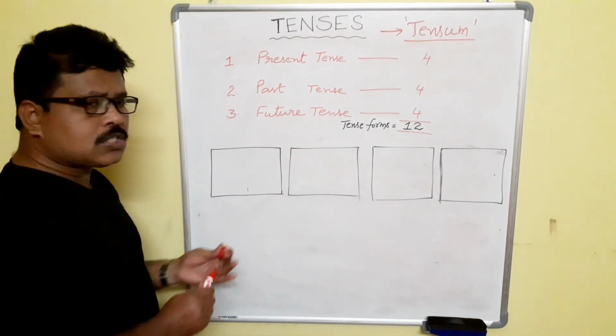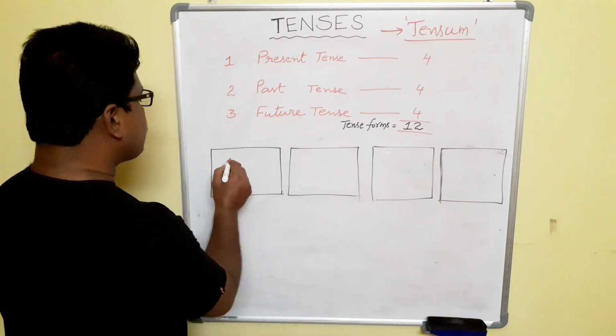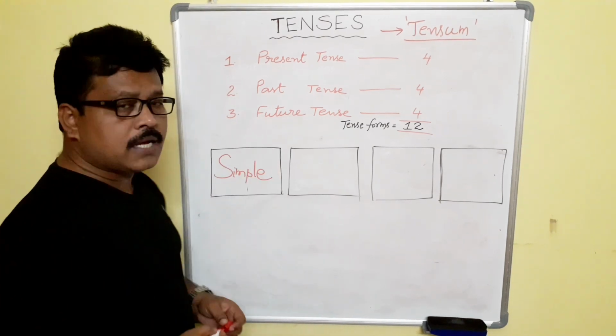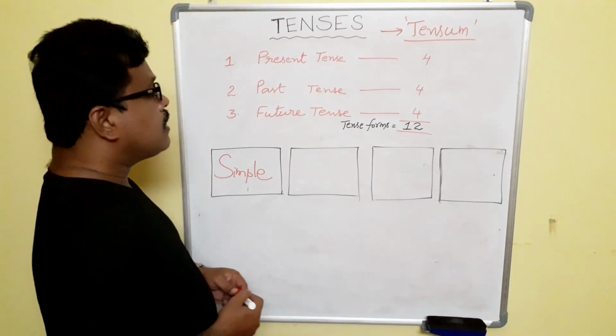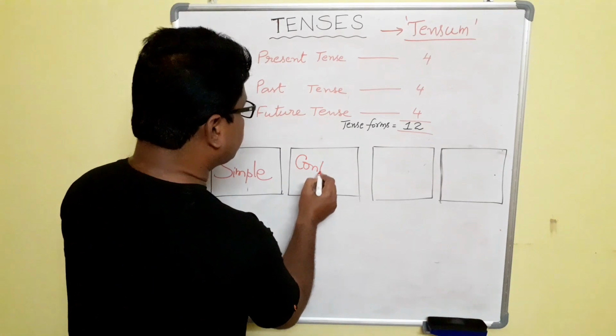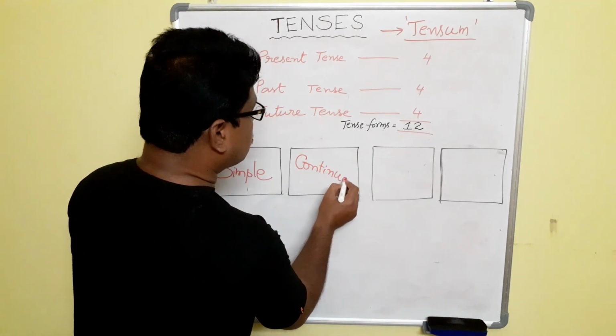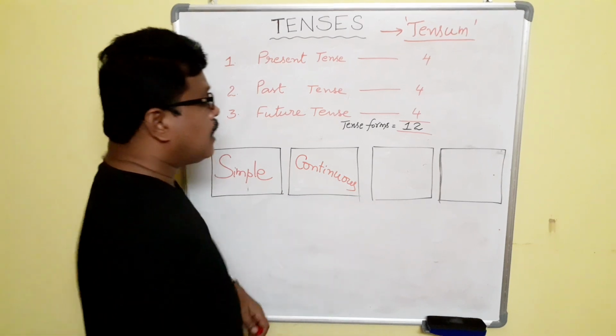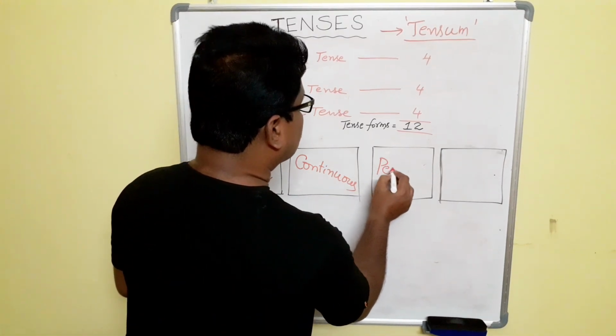In the first one I write simple. In the second box I write continuous. In the third one I write perfect.